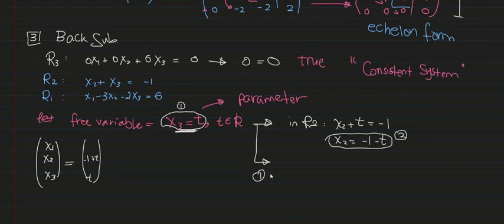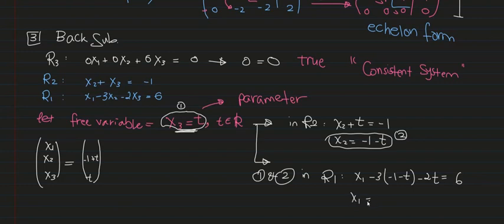Now we will take 1 and 2 into the equation of row 1 that we left here. x1, I will write x1 because I don't have any equivalent, -3 times x2, which we know from equation number 2 is -1 minus t, right? And continue, -2 x3, and what is x3? We know that it's t, so it's -2t, equals 6.